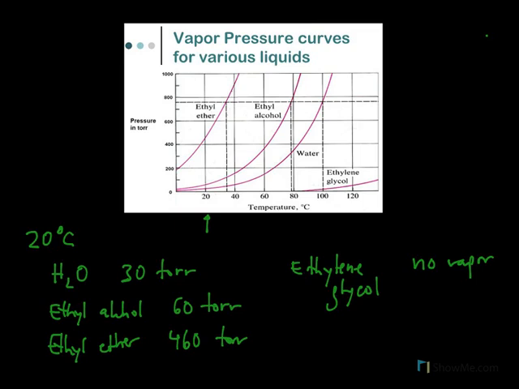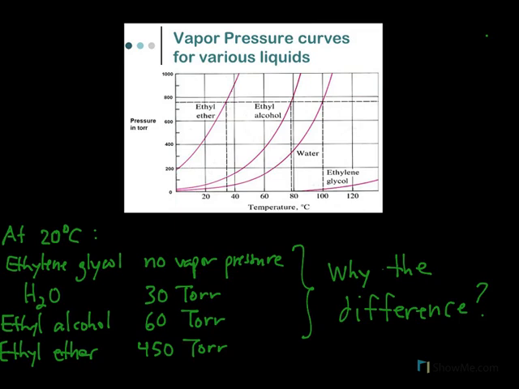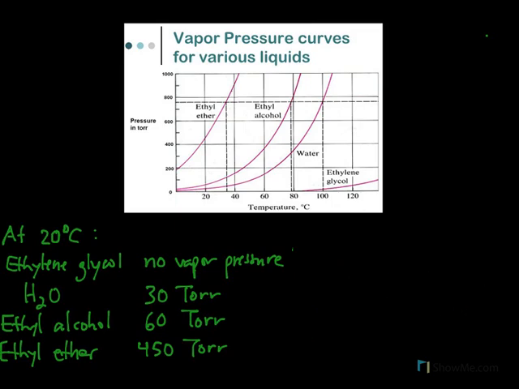Okay, so let's figure out why. Why the difference in vapor pressure? Well, from our previous description of vapor pressure earlier in the video, I explained that it deals with the evaporation of liquid to gas state.